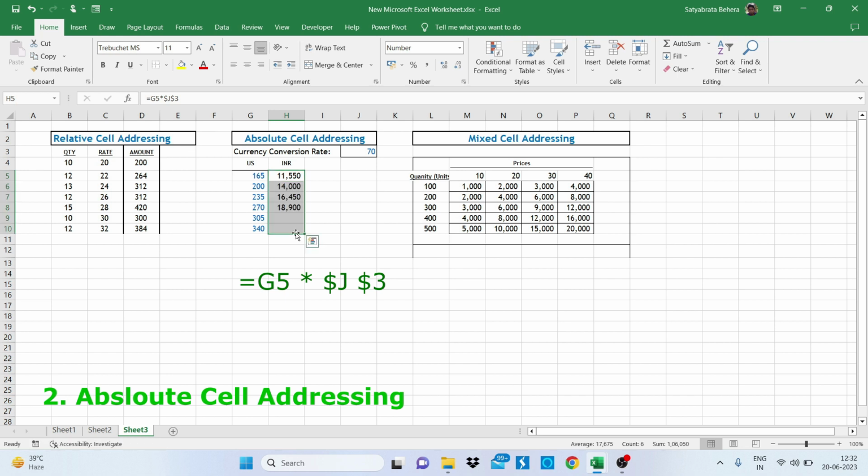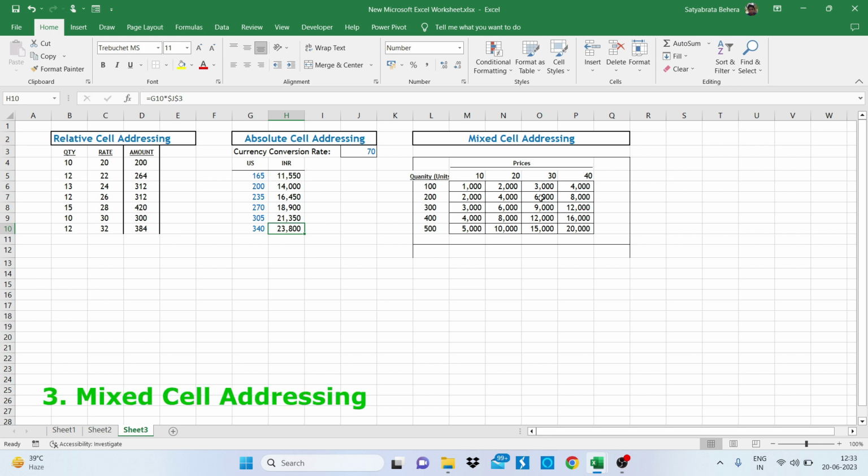Then we can drag it out. Now we can see that in the different cells the corresponding dollar values like G5, G6, G7, G8 are changing, but the conversion rate that we have stored in J3 is constant. So this is absolute cell referencing.